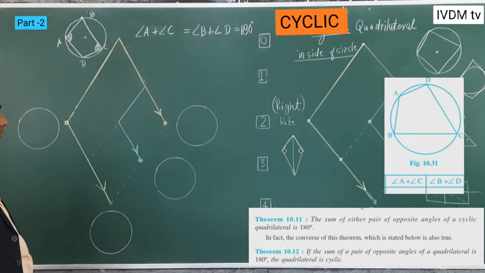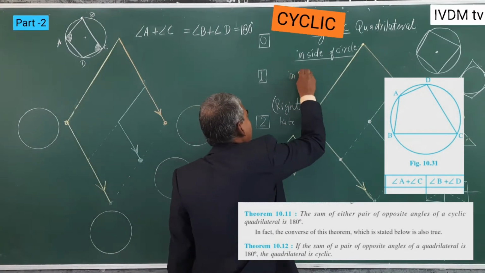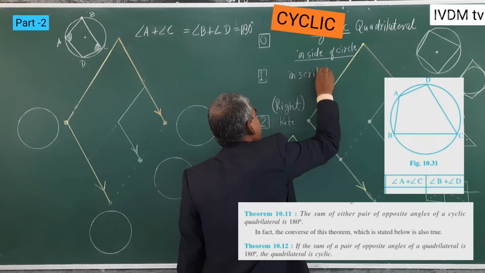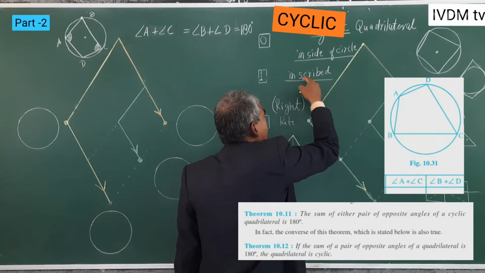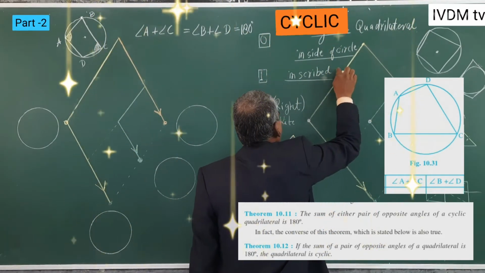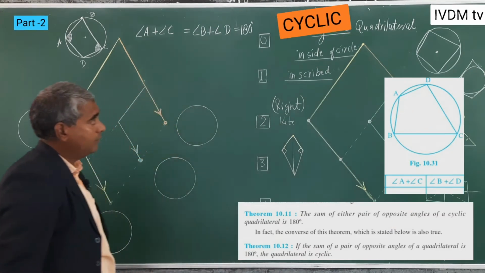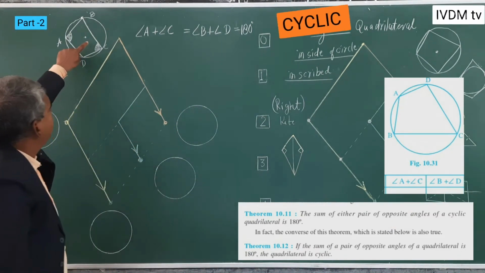Cyclic or inscribed, I-N-S-C-R-I-B-E-D. Inscribed means formed inside. Okay. So what are the quadrilaterals which can be formed inside of this circle?